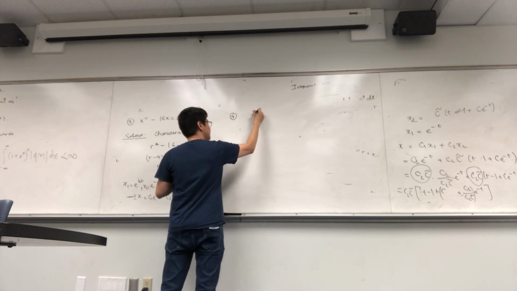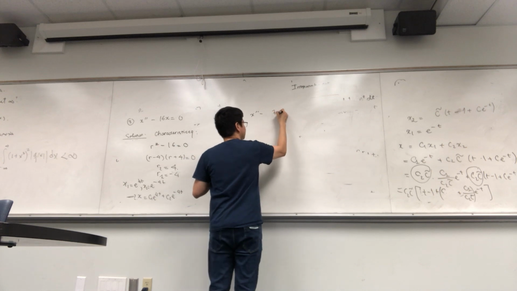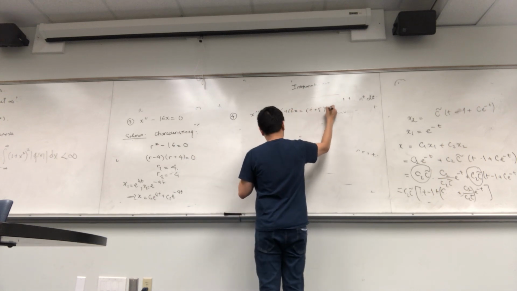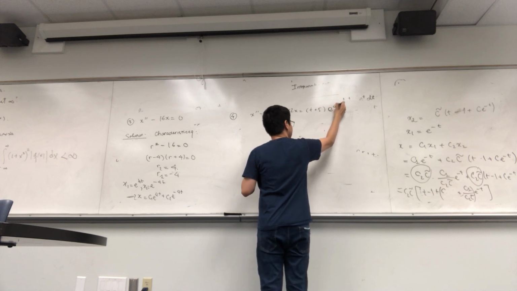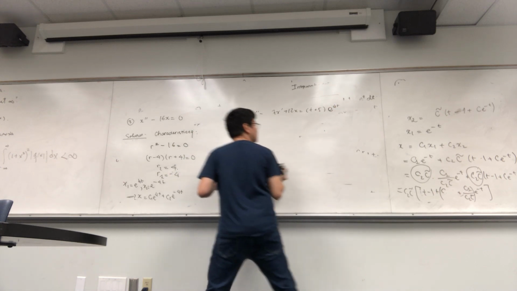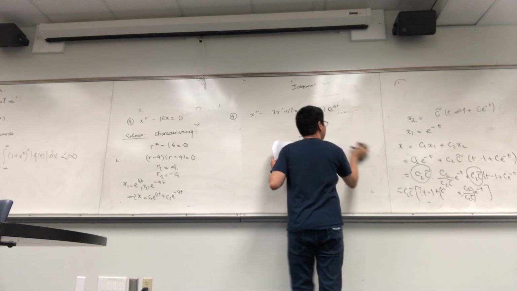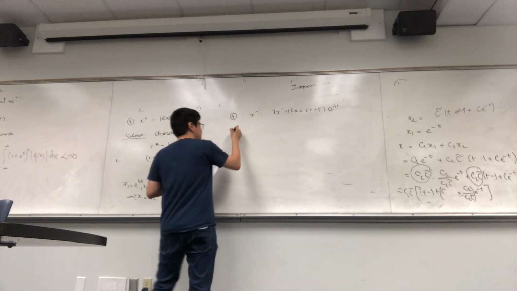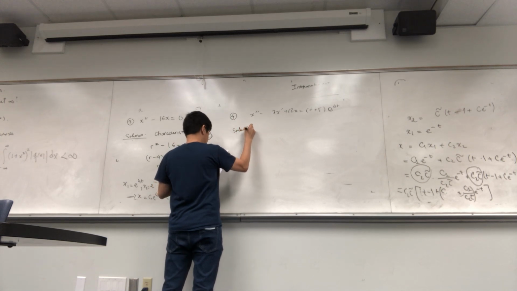So you have x double prime minus 7x prime plus 12x equals 5 e to the 4t.